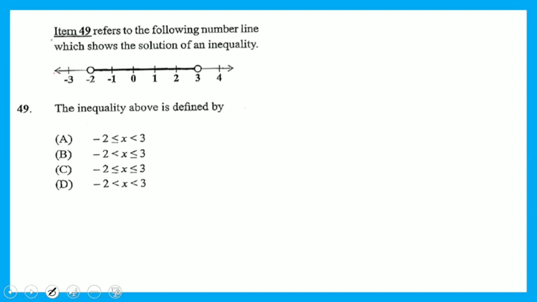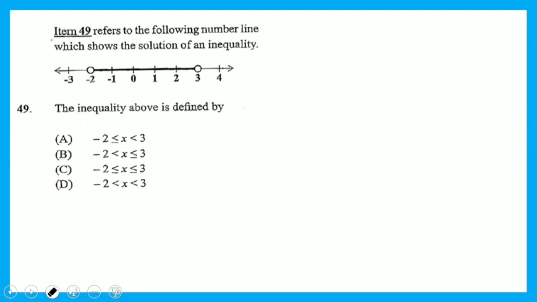This one says, we are given a number line, which shows the solution of an inequality. And we're supposed to tell which of these statements, range of values, represents what the number line represents. All right.